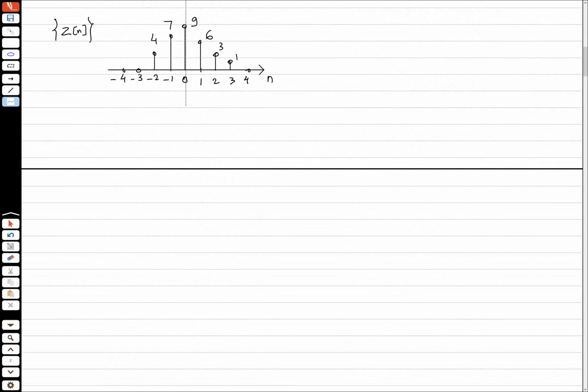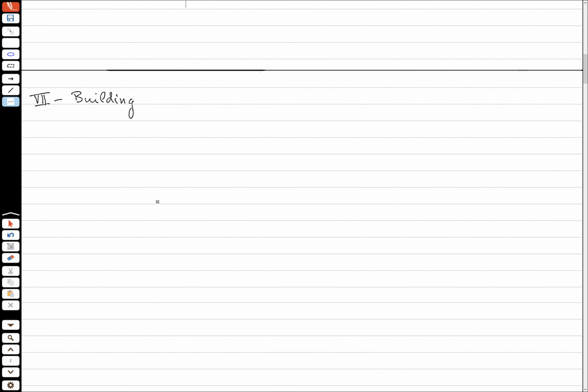Convolution was section 6, so this is section 7. Sorry, I need to review my Roman numbers. Building LTI systems.